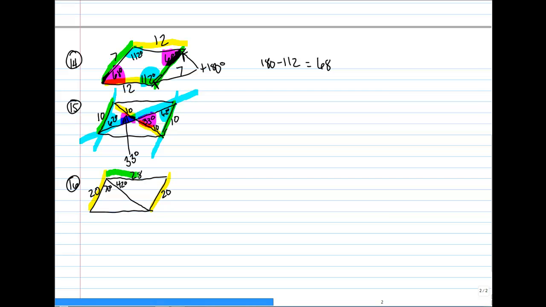If this side is 28, this side is also 28. But it says that that side is 2b, so 2b is equal to 28. That means that b is 14.